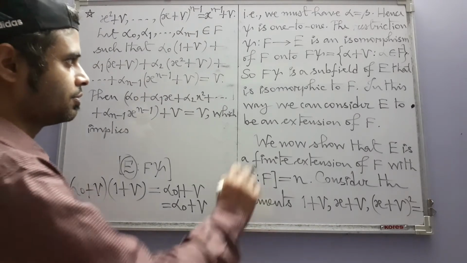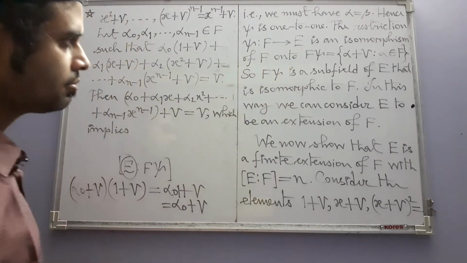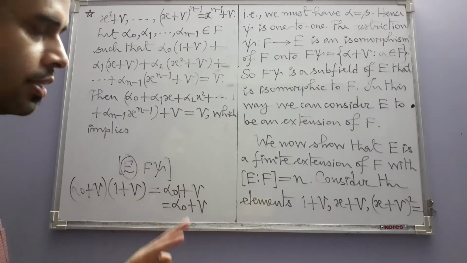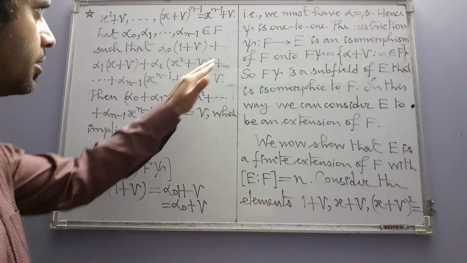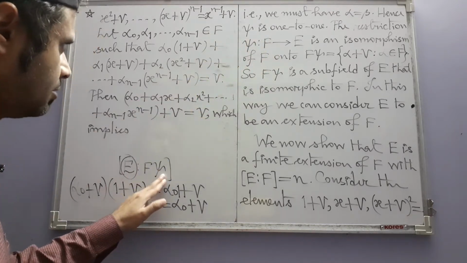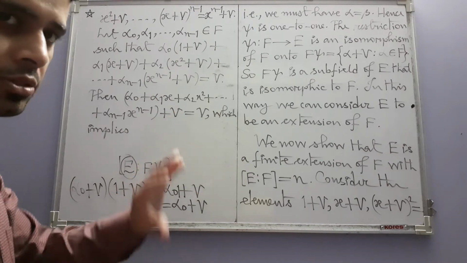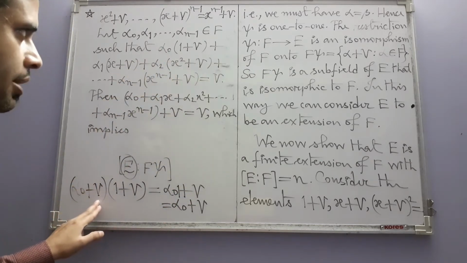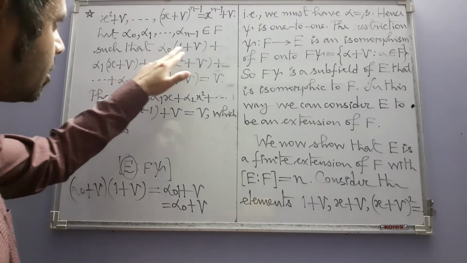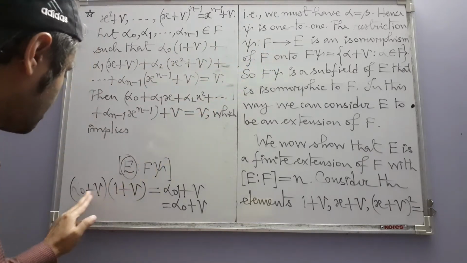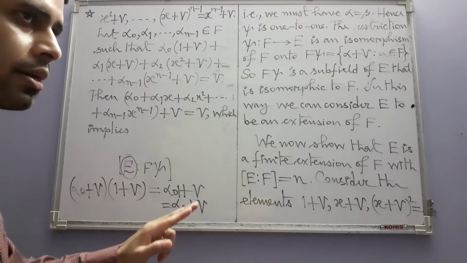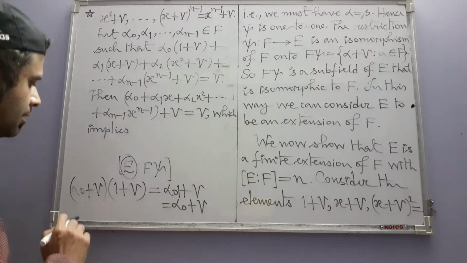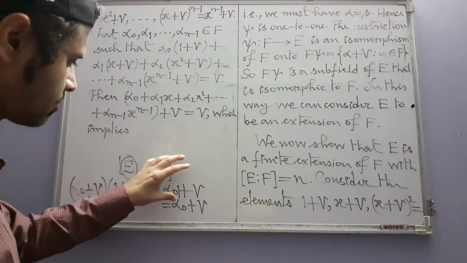That is because of this isomorphism. According to this isomorphism, ring theoretically there is no distinction between F and F psi, and in that association, alpha naught is as good as alpha naught plus V. How alpha naught behaves in F, alpha naught plus V behaves in an exactly similar manner in F psi. So what we are really doing is this, of course.